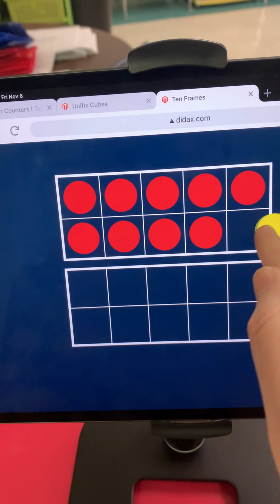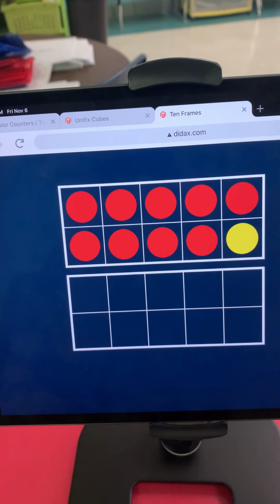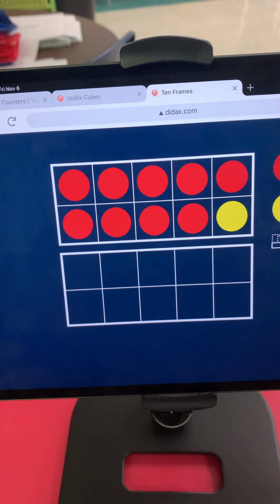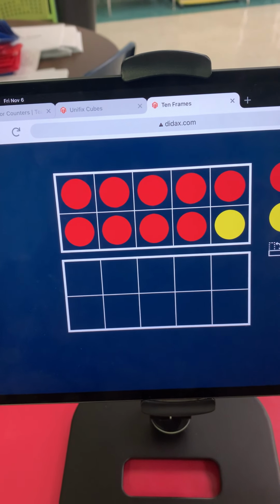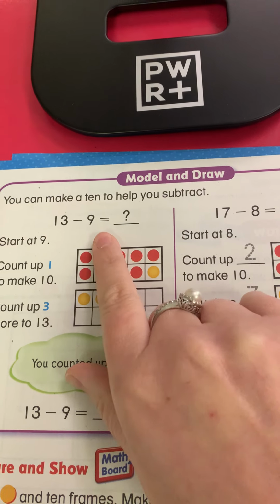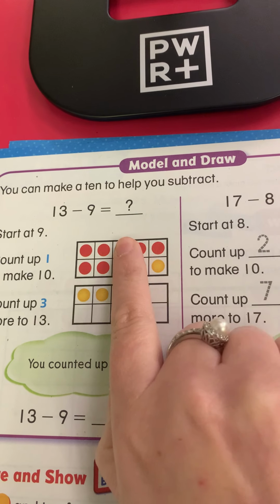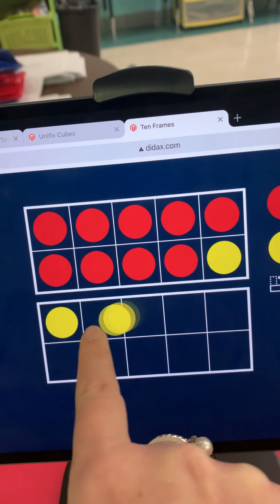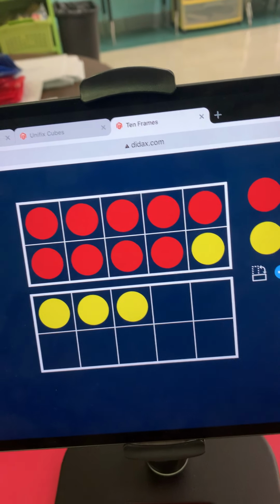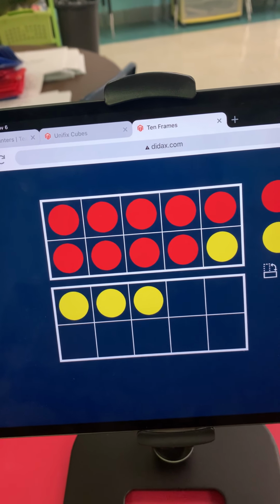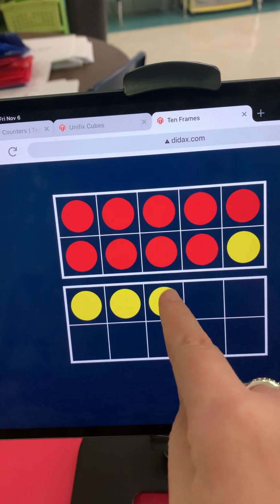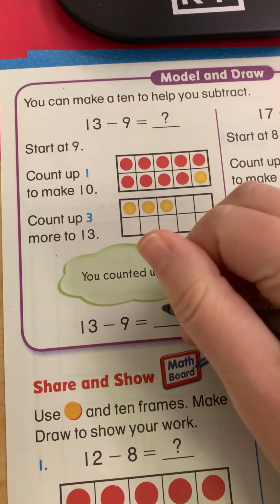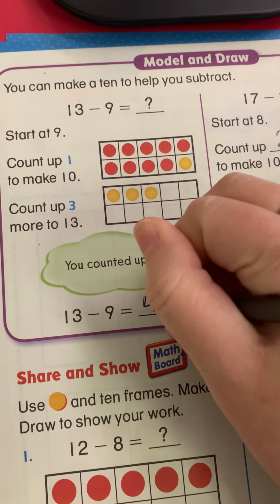So we're going to put 1 yellow, and that's going to give us a 10. Okay. Count up 3 more to get to 13, because we have 13 minus 9. So we're going to show 9, and then we're going to count up to 13. So this was 9, 10, 11, 12, 13. Okay. So we counted up 1, 2, 3, 4. So that tells us that 13 minus 9 is 4.